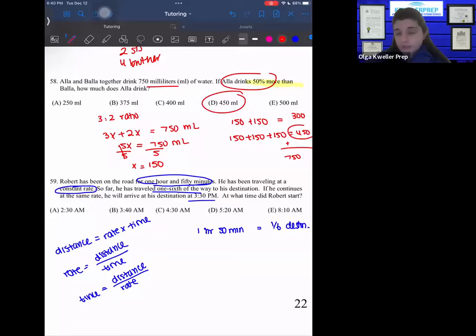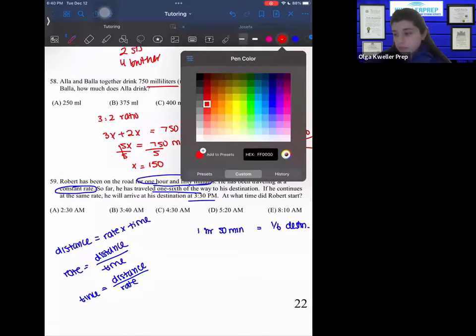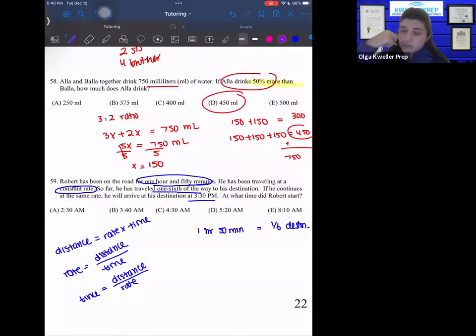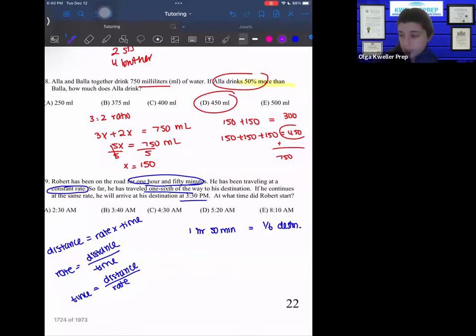What do I have to do? Yeah, so we multiply by 6, right? Because if I multiply this side by 6, I get 6 out of 6, which is the full destination. So I'm going to multiply this side by 6.